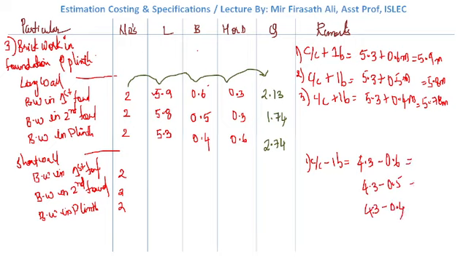What will be the values? We need to insert those values at the length position. So how much is it? 4.3 minus 0.6 becomes 3.70. 4.3 minus 0.5 becomes 3.80, and this becomes 3.60.